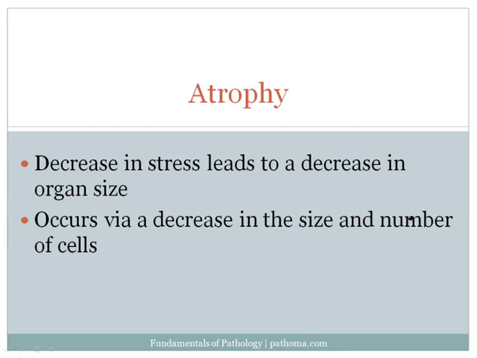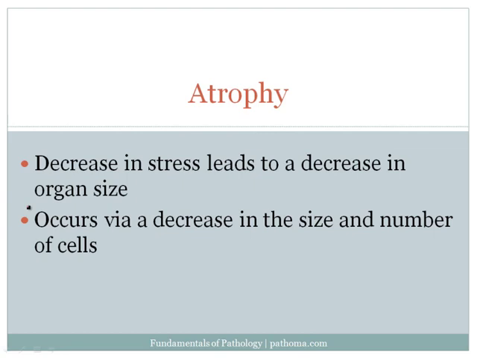Now, the idea with atrophy is that there is a decrease in stress on the organ. So if there's less stress on an organ, the organ will actually decrease in size. And that decrease in size is called atrophy. Now again, really no rocket science. If an organ is going to decrease in size, there's really only 2 ways for that to occur.